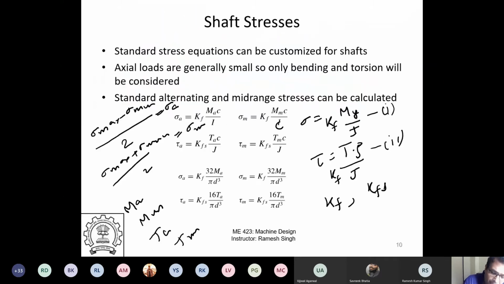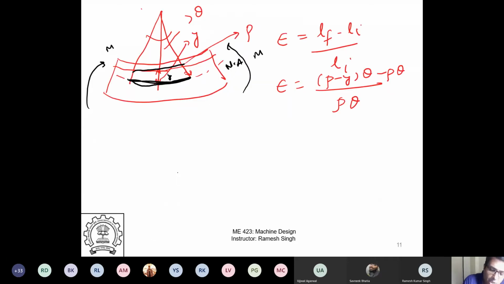So epsilon will be, if you go ahead, theta cancels, you will get epsilon equal to minus y by rho. Rho is actually the radius, so epsilon will be equal to minus k y, where k is curvature. So 1 by rho is curvature.